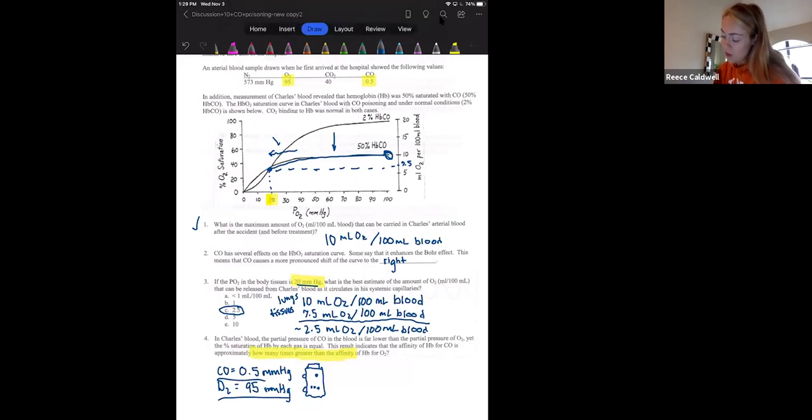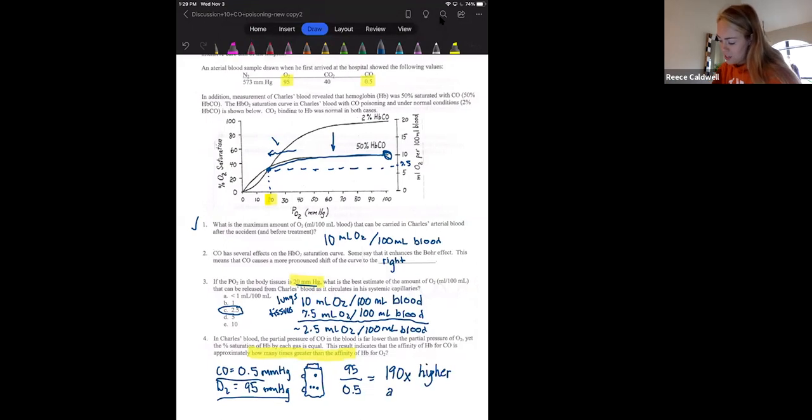So to calculate this, we take 95 divided by 0.5, and that gives us 190, telling us that hemoglobin has a 190 times higher affinity for carbon monoxide.